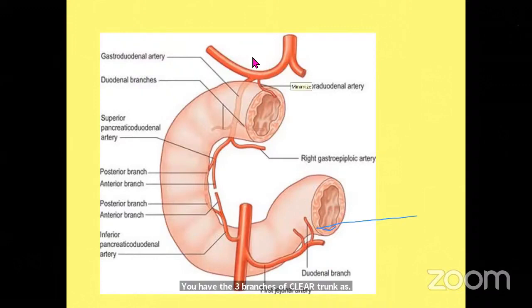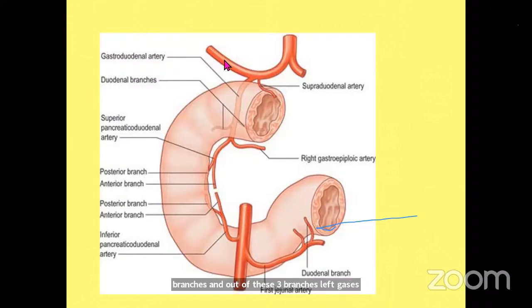Yes, very good, Nevin. Then which are the other two branches of the celiac trunk? The other two branches are splenic artery and common hepatic artery.